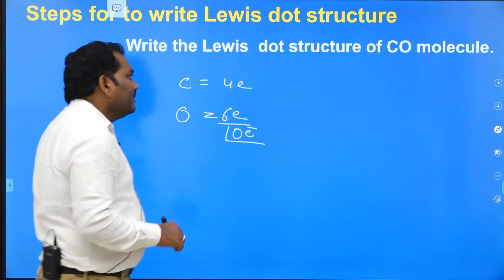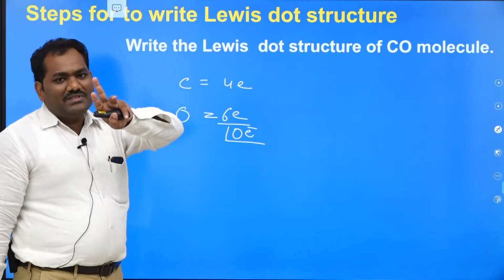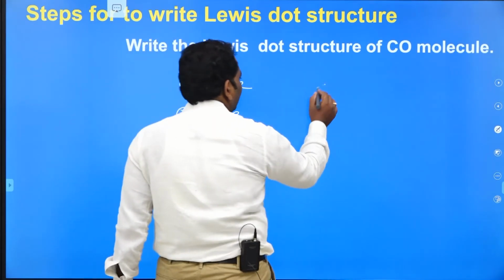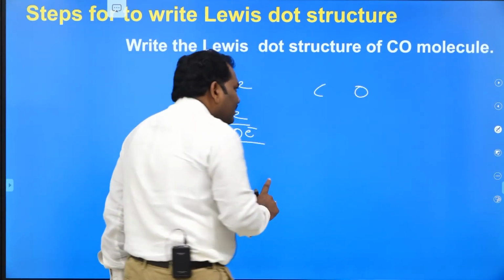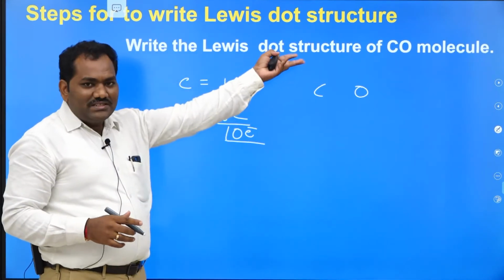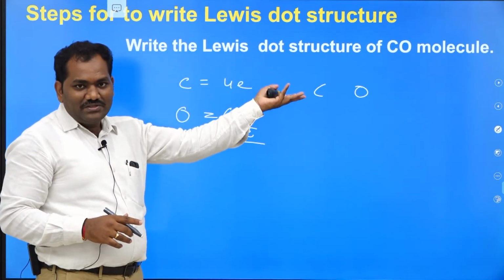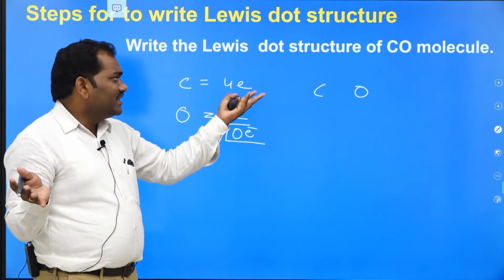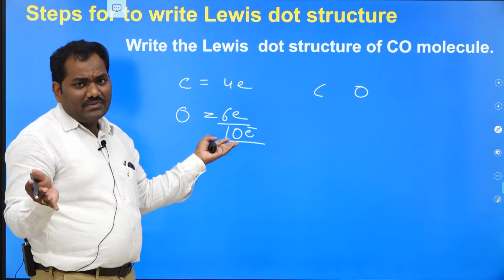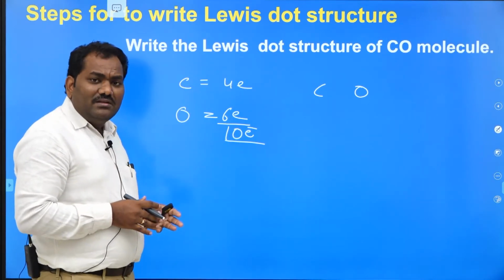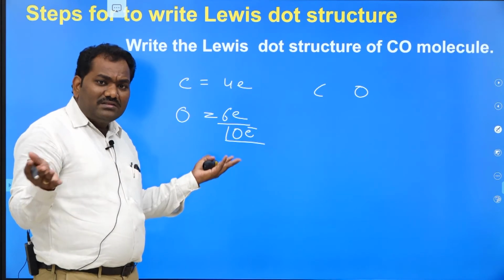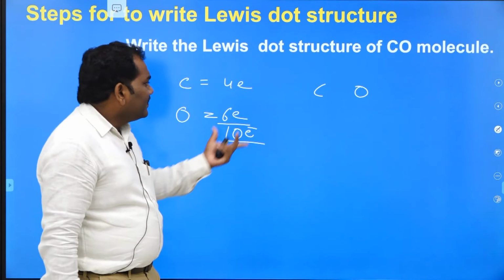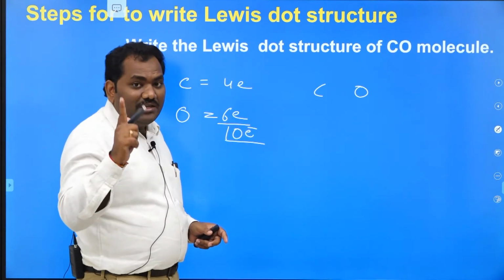Here only 2 atoms are present in this CO molecule, so we can write carbon and oxygen. There is no positive or negative charge, it is a neutral molecule, so we do not add or subtract any electrons. The total number of electrons is 10, and we keep one single bond pair of electrons.